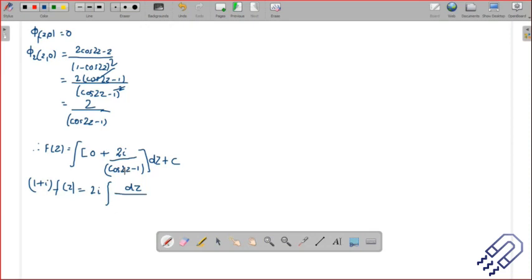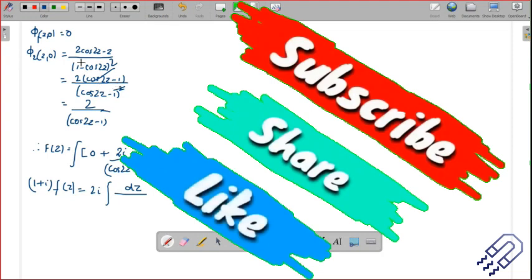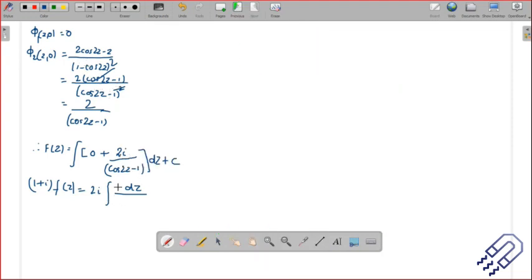Let me just check this. I think I made some mistake here. Cos 2z minus 1, this is 1 minus cos 2z, I can take it as a minus. So cos 2z minus 1 can be written as 2 cos square z. Maybe I can write it down as 2 cos square z dz plus c.